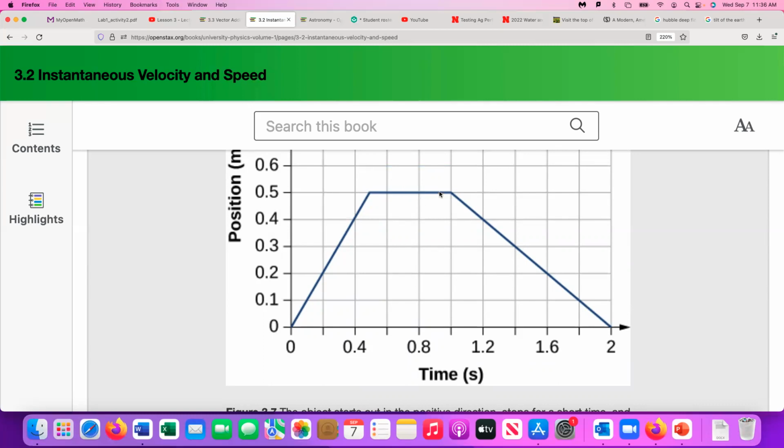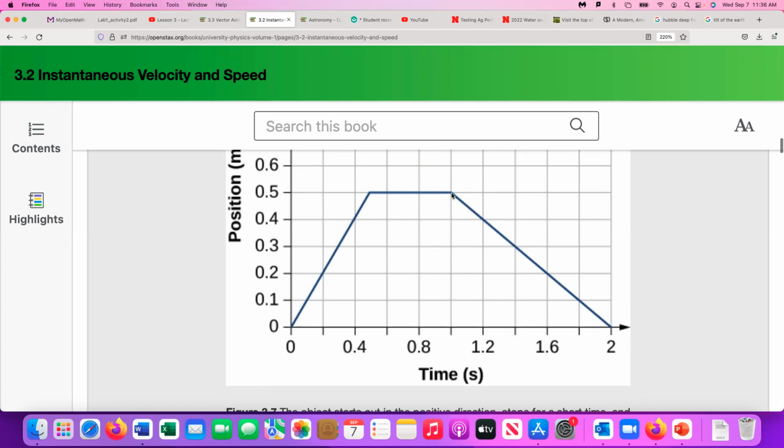And then at the end, we start up here at 0.5, we go all the way down to 0 again. So we have a rise of negative 0.5 as it goes back down to 0. And we're going all the way from 1 to 2 seconds. So that happens in about 1 second.